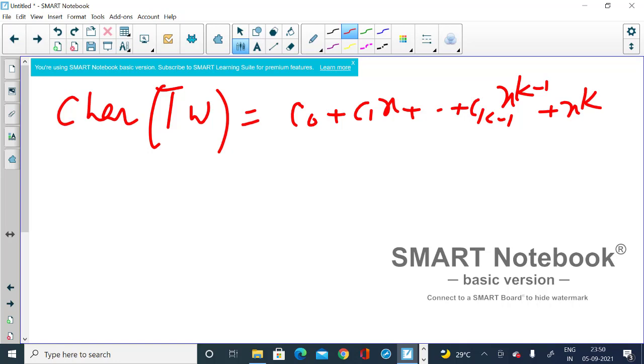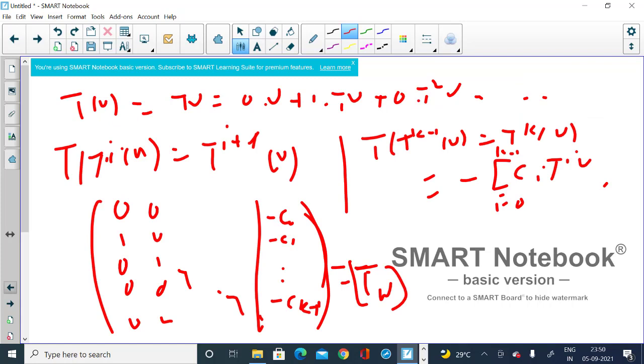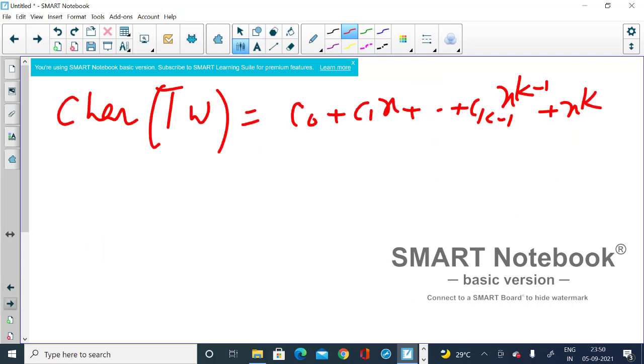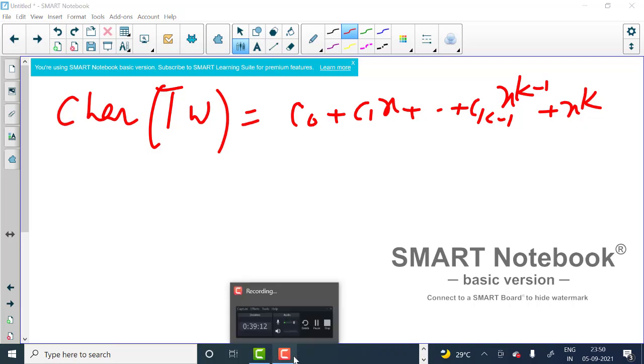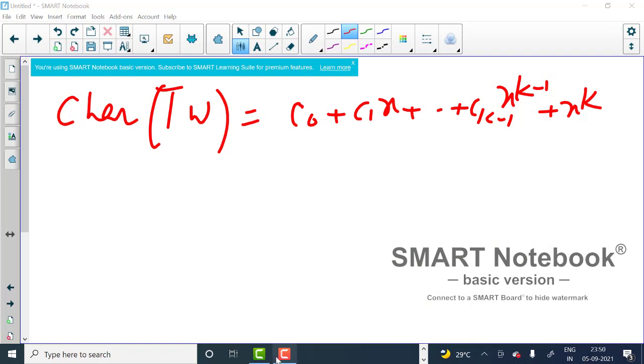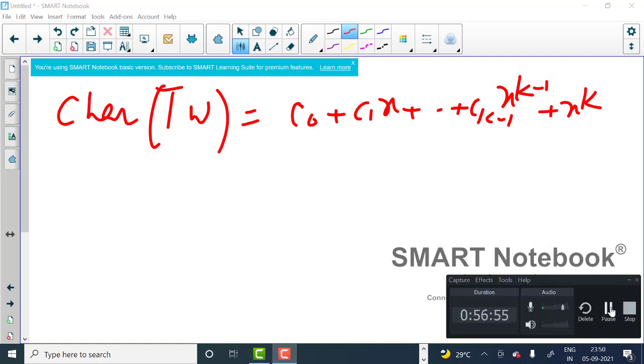So this will be the characteristic polynomial, which is obviously a monic polynomial. And this c0, c1, c2 is actually sitting as the last column. Okay, clear. So this is a nice way of showing how these exercises look, and this is going to help us prove one of the major important theorems, the Cayley-Hamilton theorem, and that we will do in our next lecture. So today I will stop here.